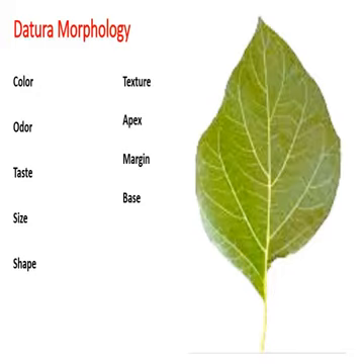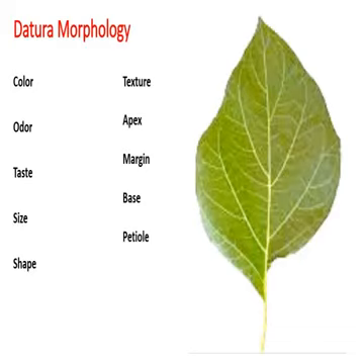In case of Datura leaf, the base is asymmetrical. Asymmetrical means one side of the leaf's margin touches the midrib at an upper point, and the other side touches at a slightly different location. Such kinds of bases are called asymmetrical bases.